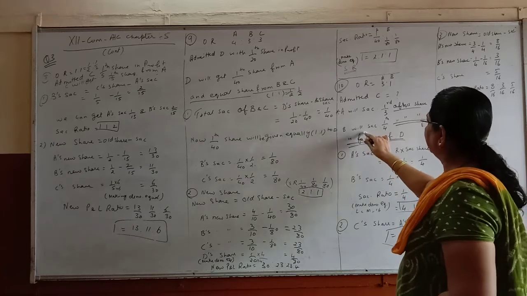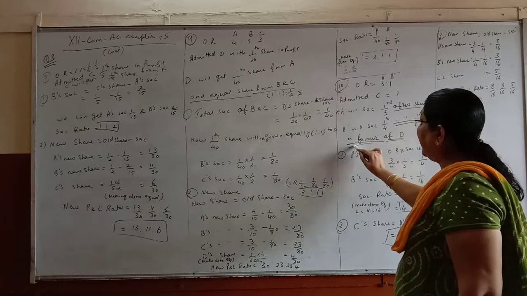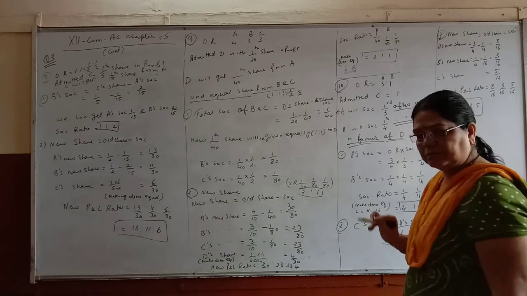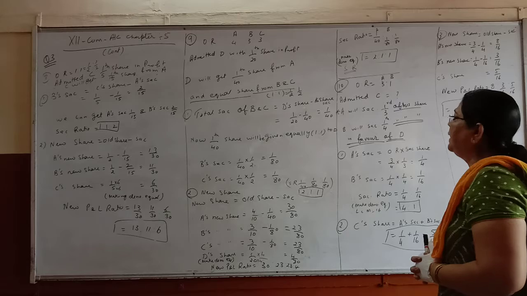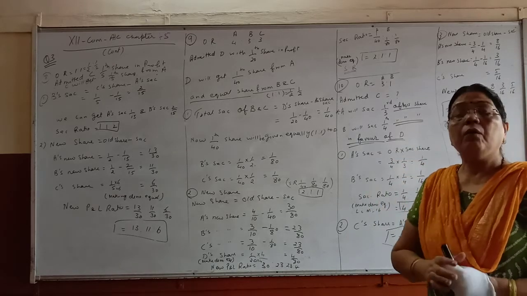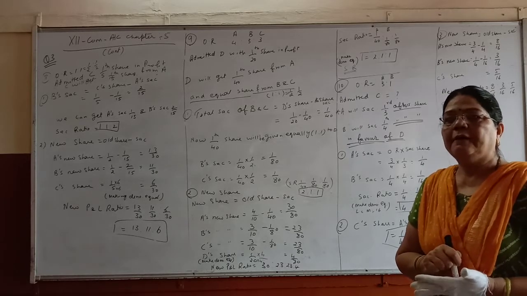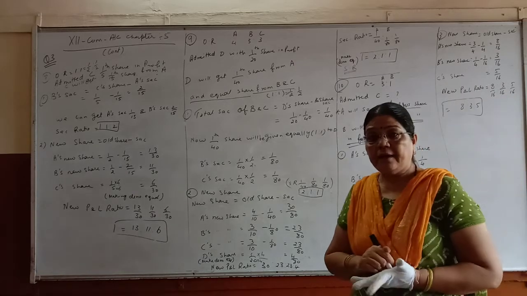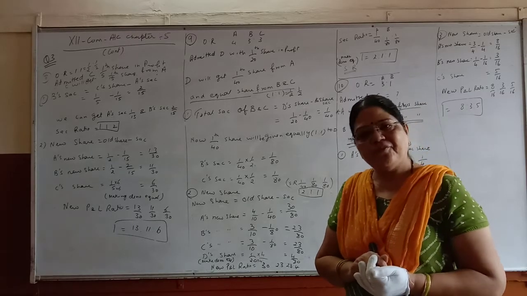And B will sacrifice 1/4 of his share in favor of C. Means A is going to give 1/3 part of his share. Now 1/3 part of his share is how much? That we have to find out. And B's 1/4 of his share is how much? That also we have to find out.